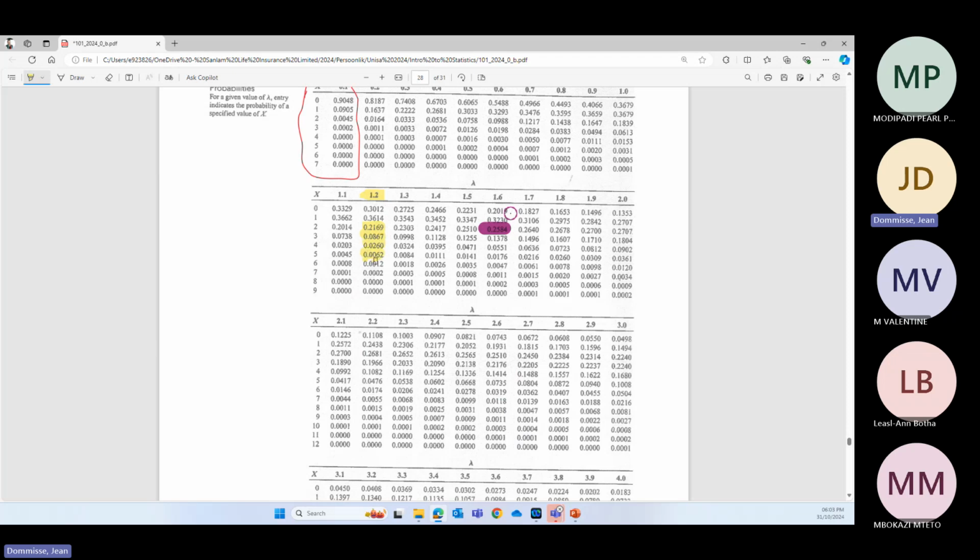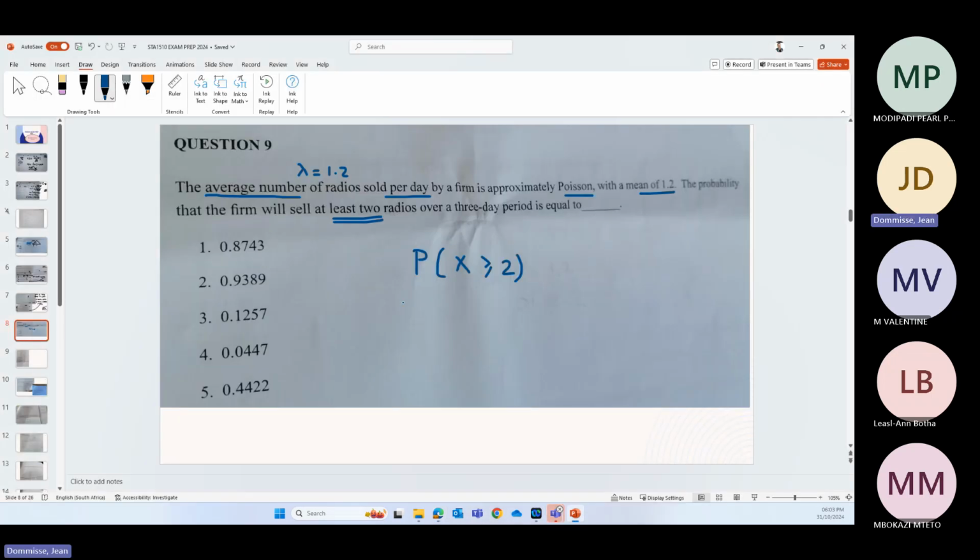So we will need to add all of these, or we can say 1 minus 0 and 1. I would rather say 1 minus the probability of 0 plus the probability of 1.